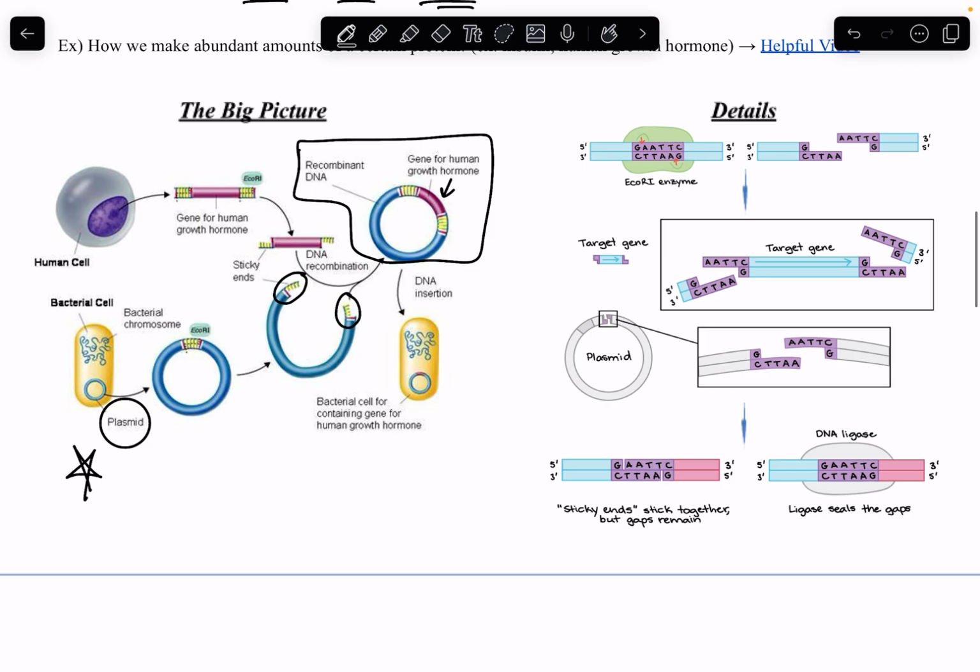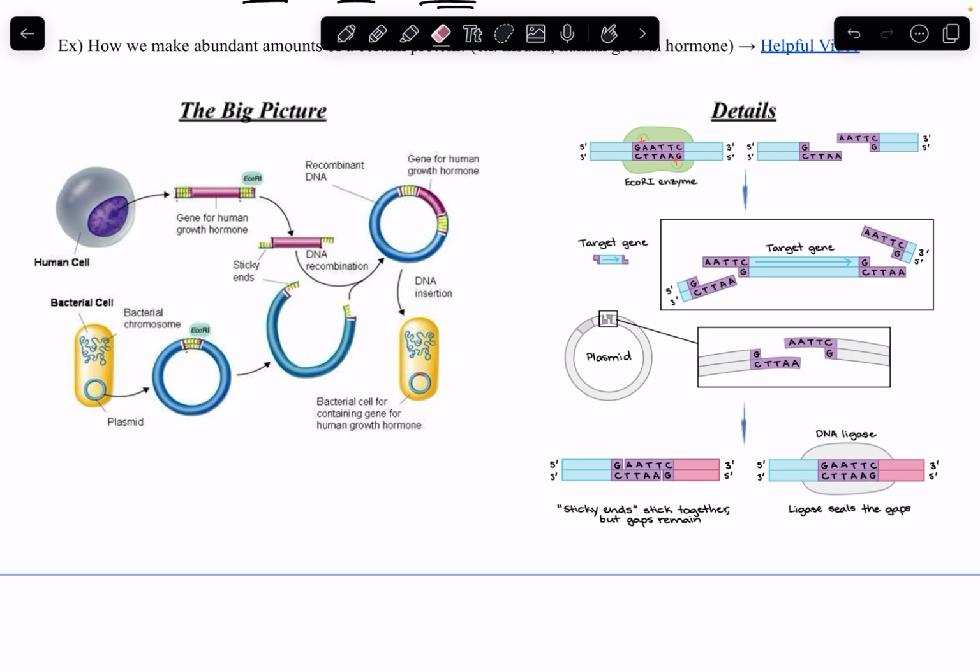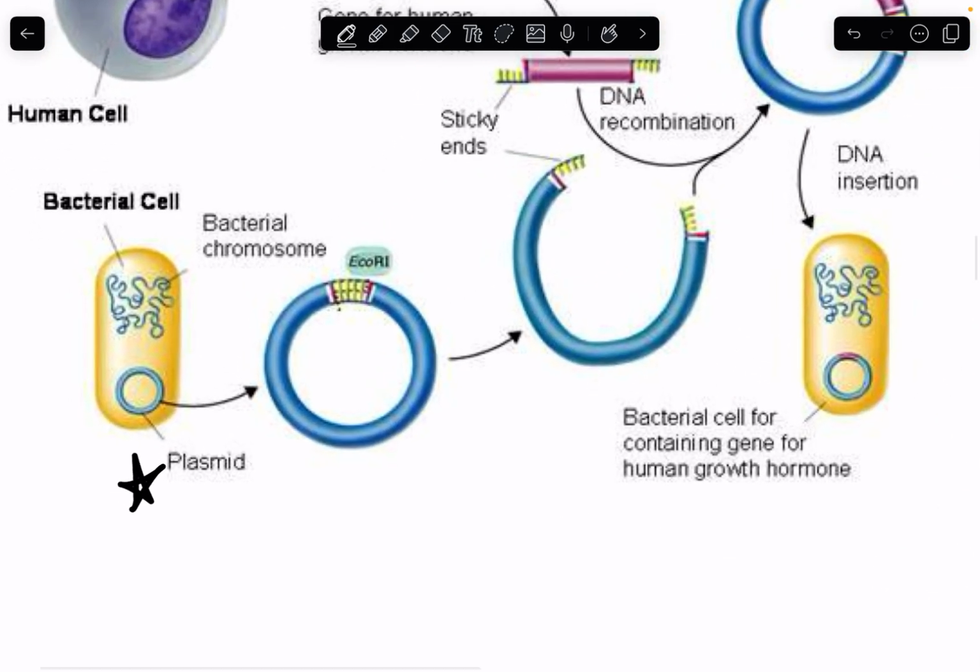As you can see, once again, let me go ahead and show you guys again here. You have a bacterial cell and you have a plasmid. You take the plasmid out and you cut it with a specific restriction enzyme, like EcoR1, for example.